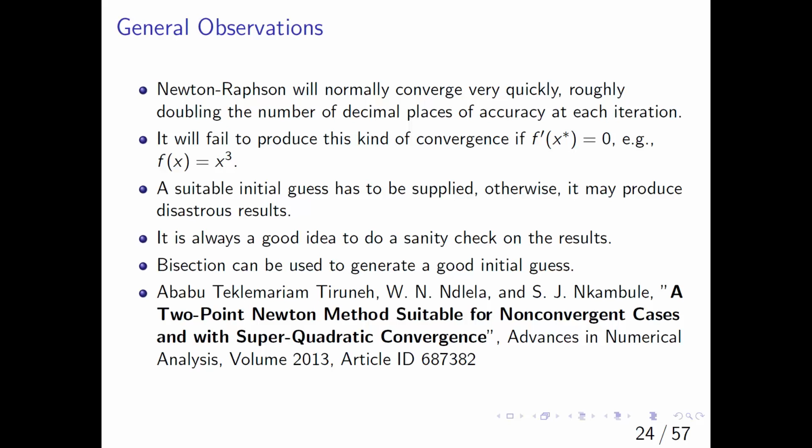When you put the approximation back into the original nonlinear function, you will see whether the result is close to 0 or not. If it's far from 0, that means you got a completely disastrous approximation. You should discard it.